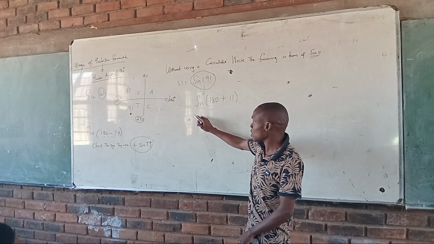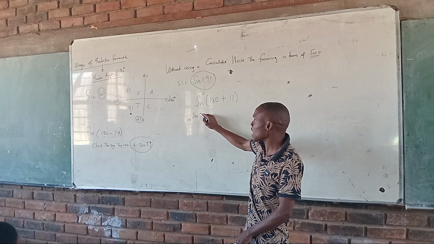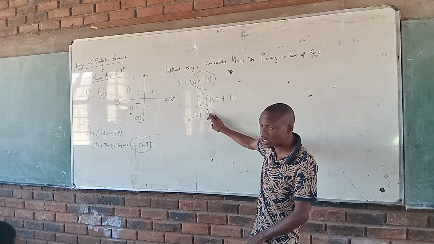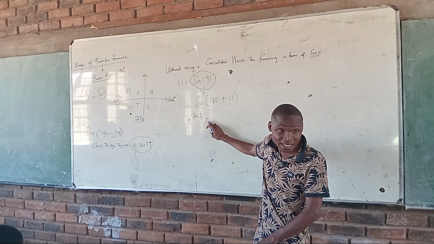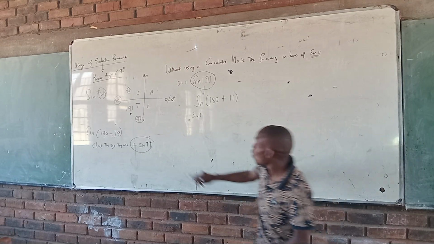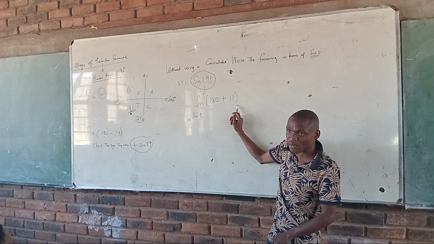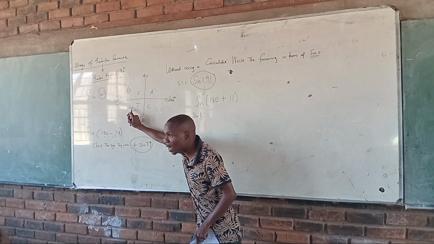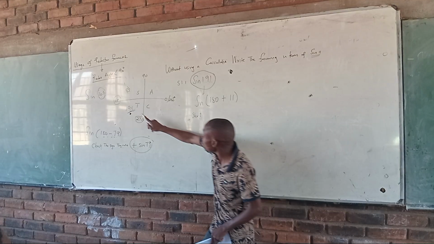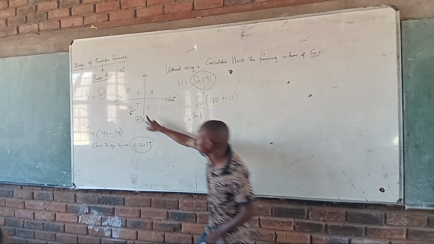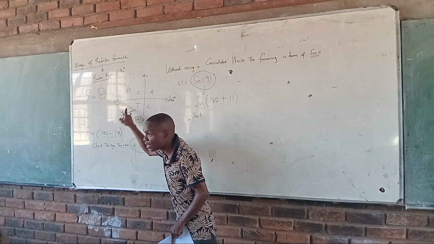Now, the first step, check the sign of a trig ratio. Whether your answer must be positive or whether must be negative. Now, 191 or your 180 plus 11, it's in the third quadrant. And in the third quadrant, sine is negative.